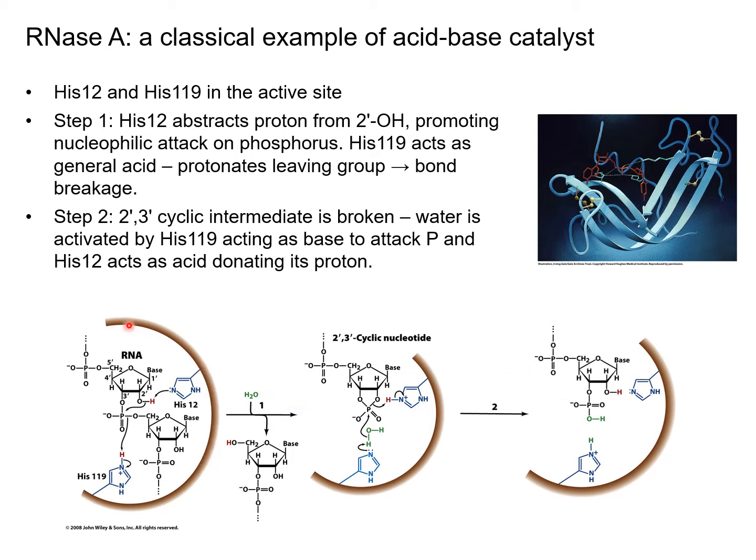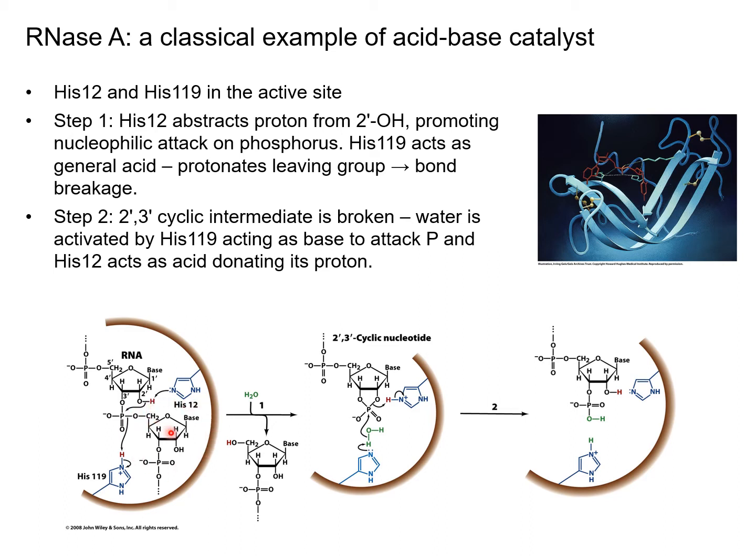On the first step, histidine 12 abstracts the proton from this hydroxyl group on the 2' of the RNA sugar, promoting the nucleophilic attack of this hydroxyl group to the phosphorus. And histidine 119 acts as a general acid in this case, which is from this hydrogen atom, and it protonates the leaving group, which makes the bond breakage.